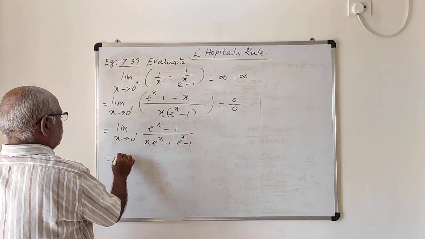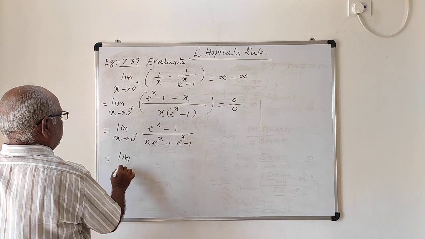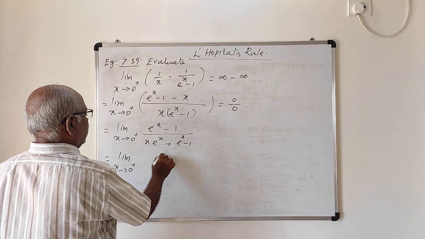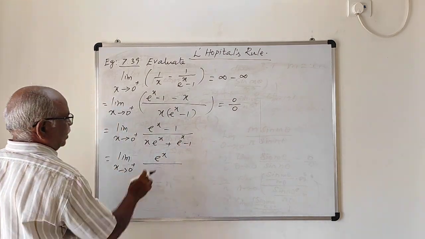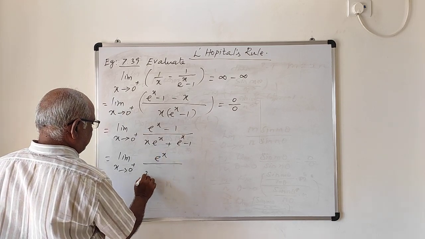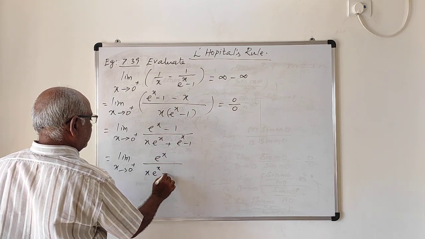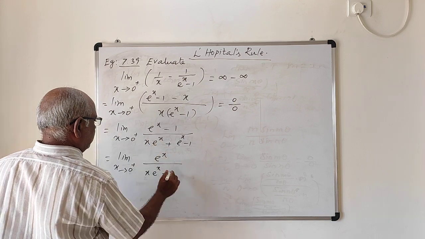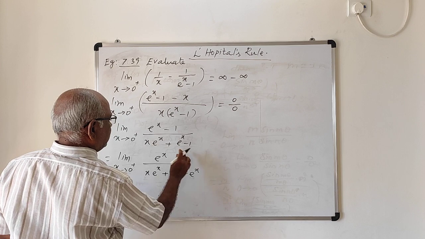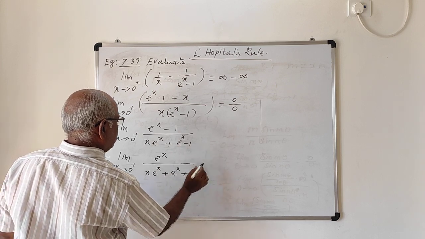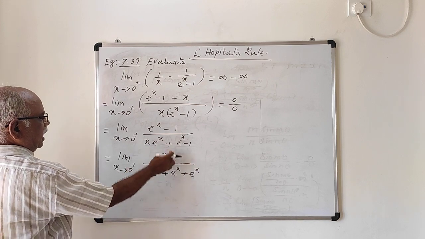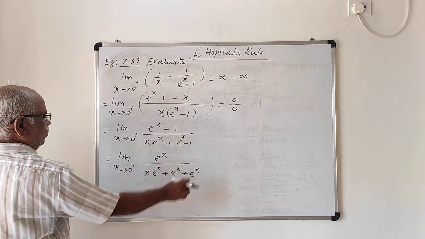Therefore, again by L'Hopital's rule, limit x tends to 0 plus, differentiating: the derivative of e power x is e power x, minus the derivative of 1, which is 0. For the denominator, by the product rule, x e power x has derivative x e power x plus e power x, plus e power x again, and the derivative of the constant is 0.